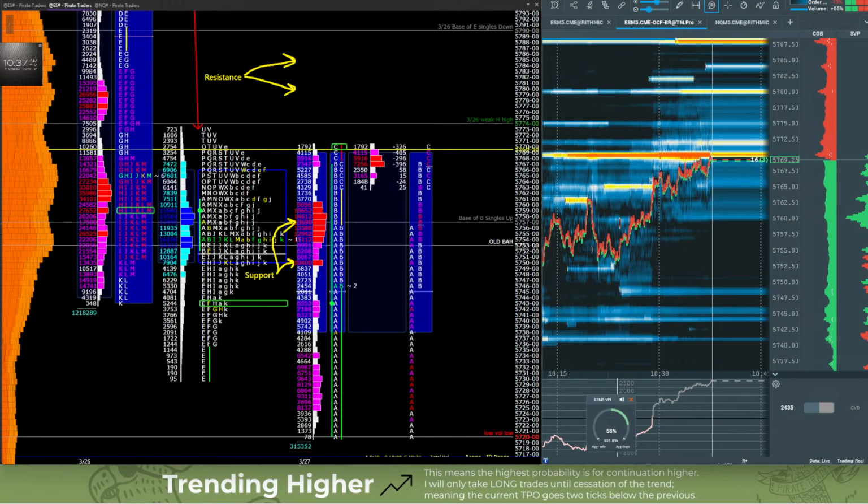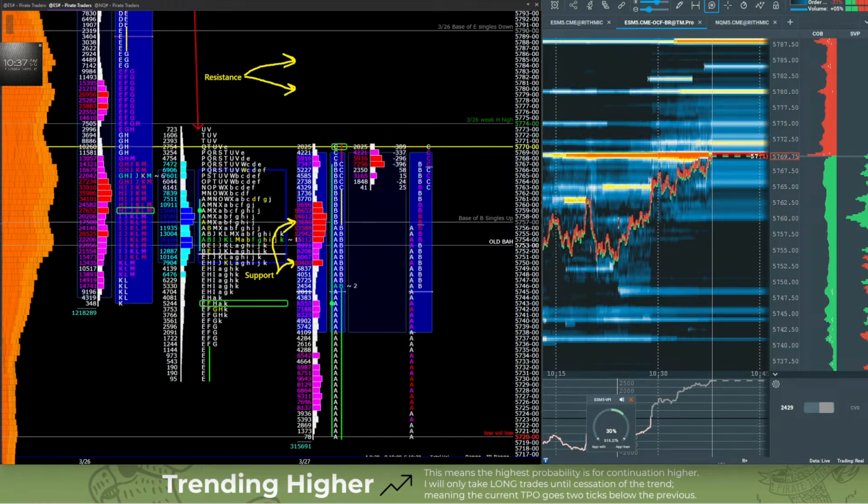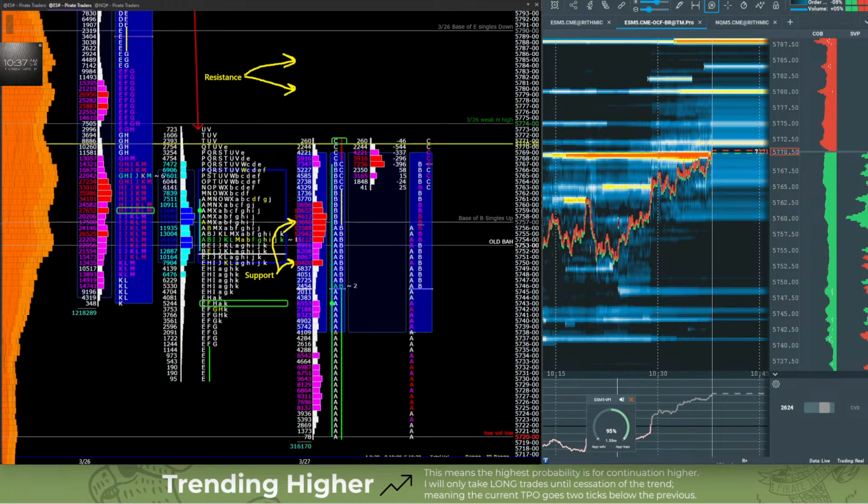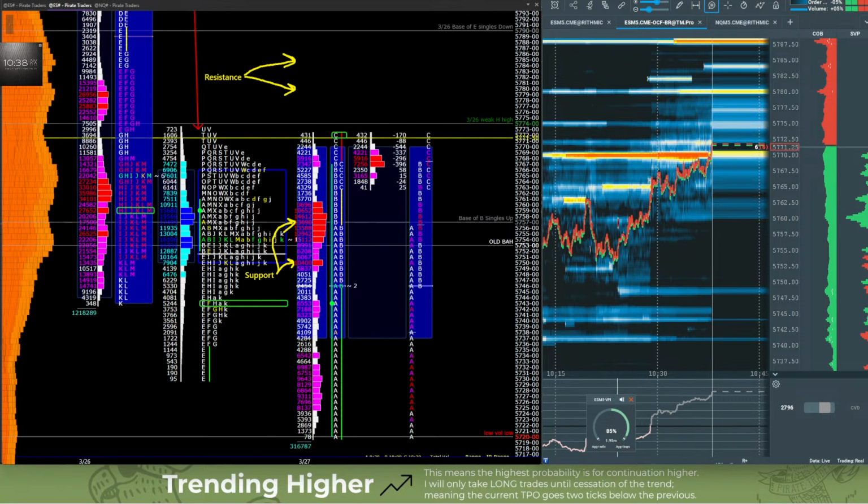SC says maybe this is just a gap fill. Could be true. Could be true. I will jump on board that train if we get new buying above 57.74. But to me, it's not.